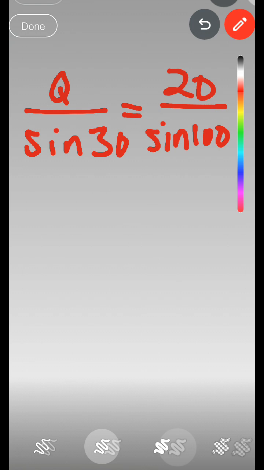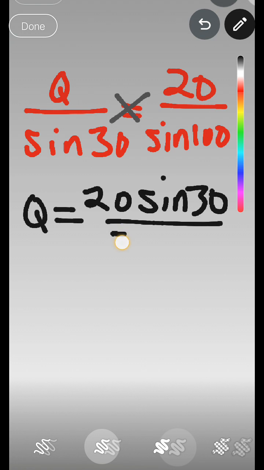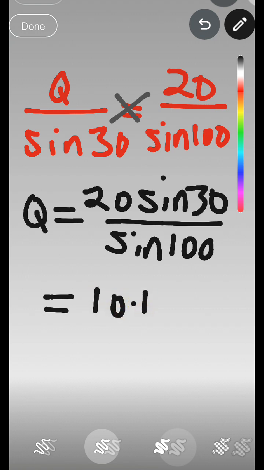Making Q the subject, cross multiply. So we have Q is equal to 20 sine 30 all over sine 100, and that gives us 10.15 Newton. So that's the value of Q.